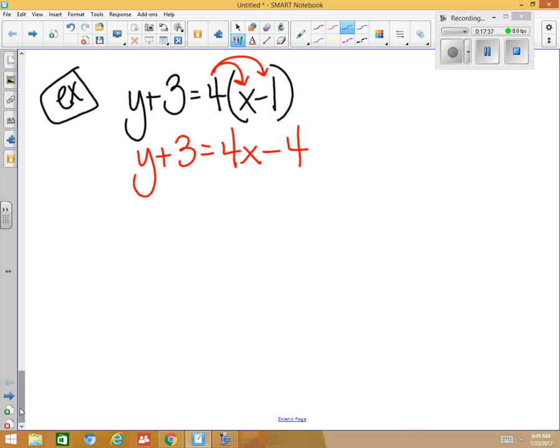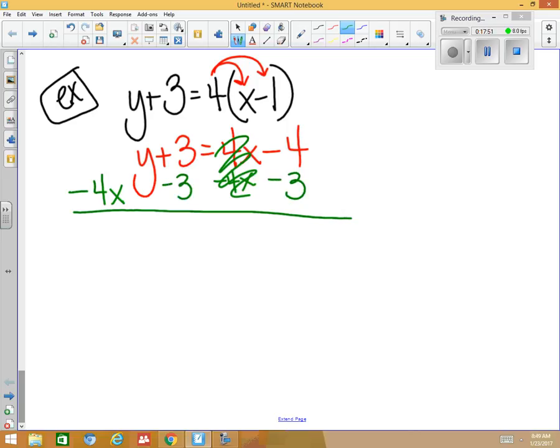So to move the 4x, I'm going to subtract it. Okay? So this one's gone. I got to get that 3 to the other side. He can't stay over here. Subtract 3. So that's gone. So now rewrite what you have. Negative 4x plus y equals negative 7.